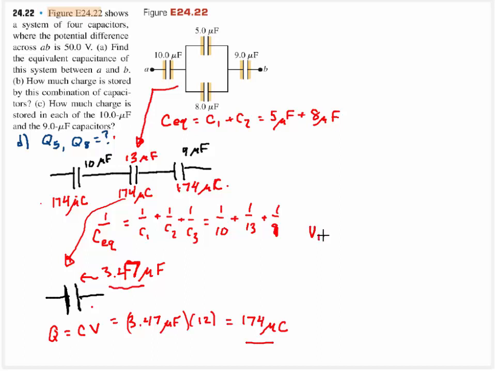I know that the voltage for the 10 microfarad capacitor is going to be equal to the charge divided by the capacitance of the 10 microfarad guy, so 174 microcoulombs divided by 10 microfarads is going to be 17.4 volts.